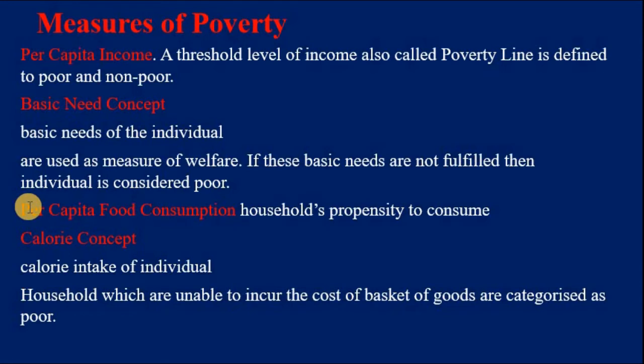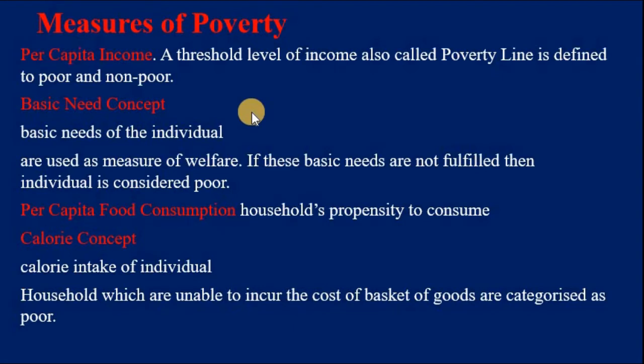Now first we'll see per capita income. The per capita income can be used to measure household welfare, how much welfare they attain. So here a threshold level of income, also called a poverty line, is defined.